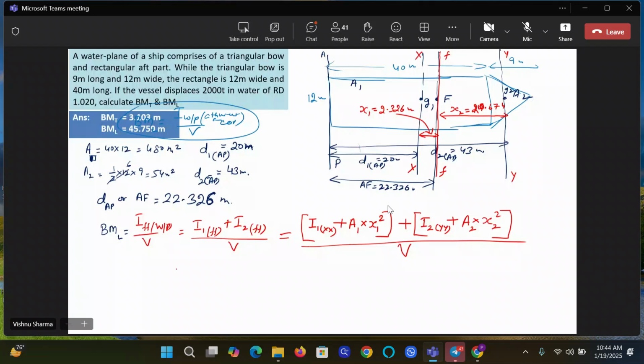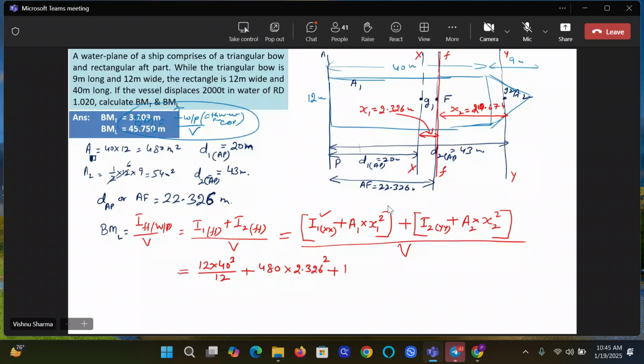Okay, now let's put the values, guys. These box brackets, now when I put the values, have no relevance. All four terms have to be added. What is I1XX, guys? It is 12 into 40 cubed by 12. Correct? This one, right? Area 1 is 480 square meters. X1 is on the diagram, 2.326 squared, plus that will be BD cubed by 36.